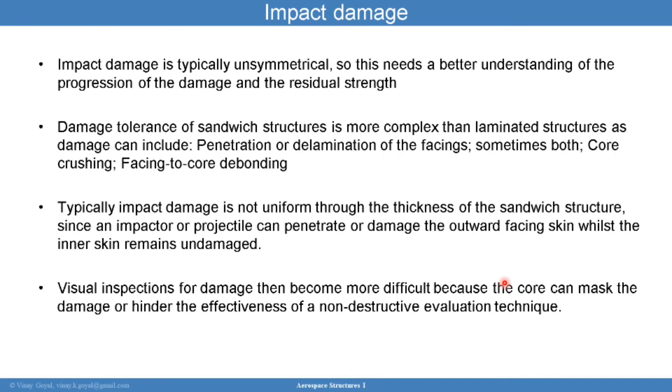Typical impact damage is not uniform through the thickness of the sandwich structure or even a laminate, since the impactor or projectile can penetrate or damage the outward facing skin, while the inner skin may remain undamaged, or vice versa.